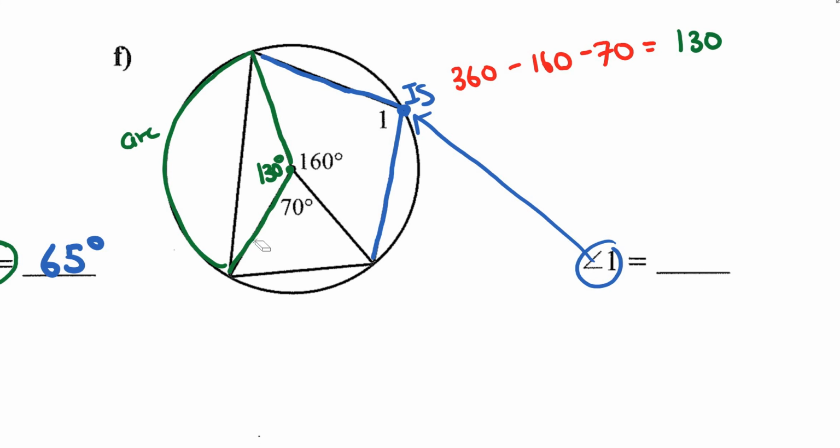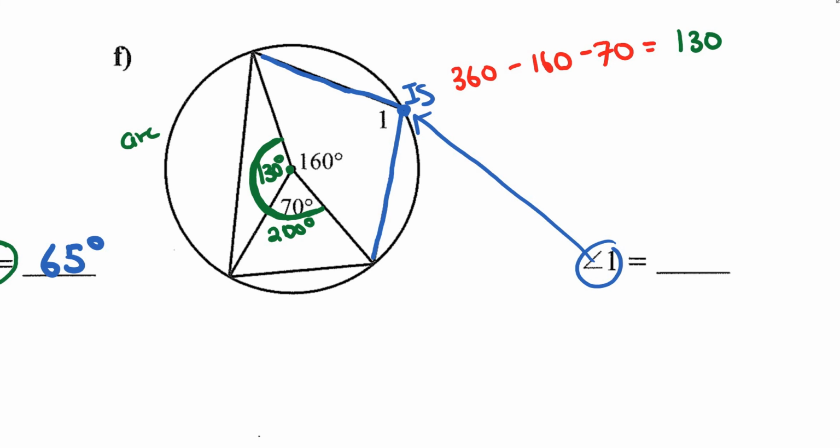Let me move this around a little bit. Let's look at this central angle right here. This is still an angle in the middle of the circle. So what's that entire angle? That's actually 200 degrees, right? 130 plus 70 is 200 degrees.